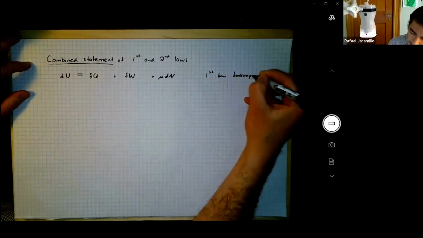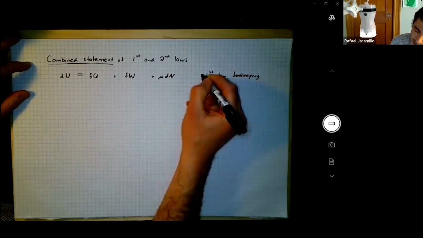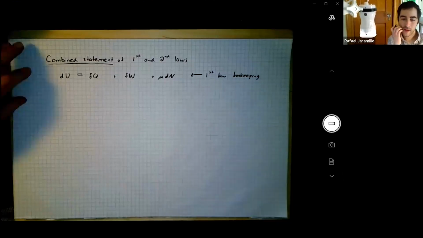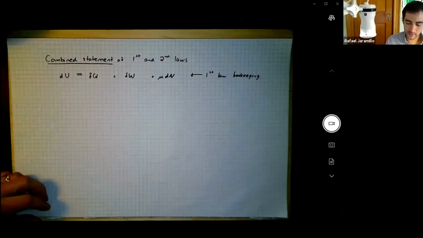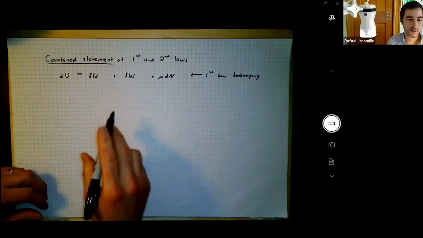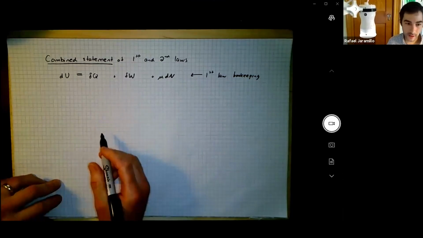First law is not that the energy of the universe is constant, it's that the energy of any system changes only through additions and subtractions of energy that we can keep track of. So first law, bookkeeping.